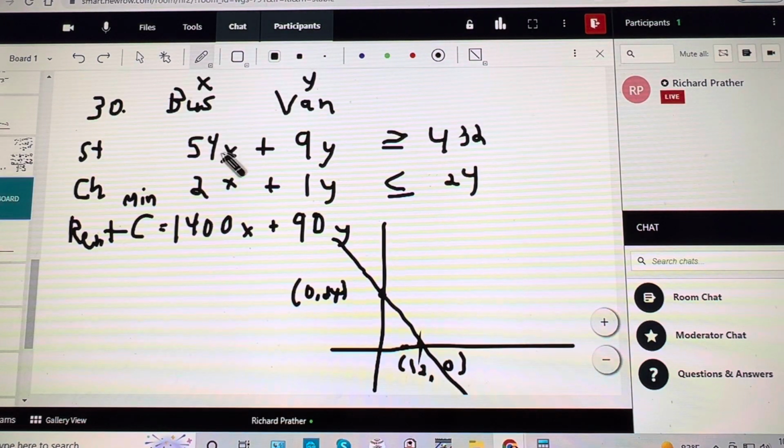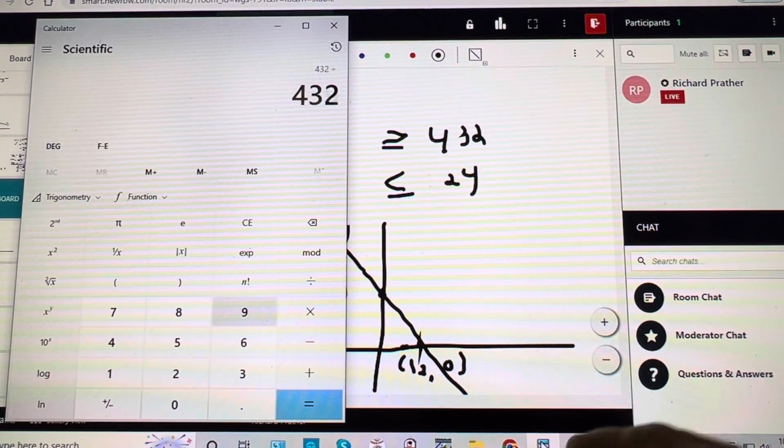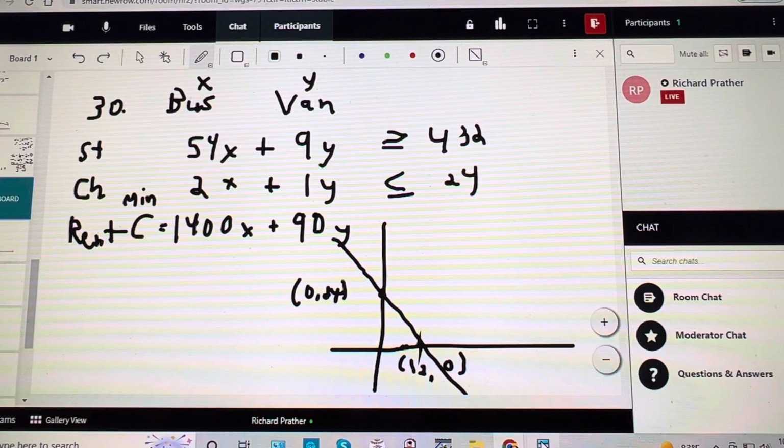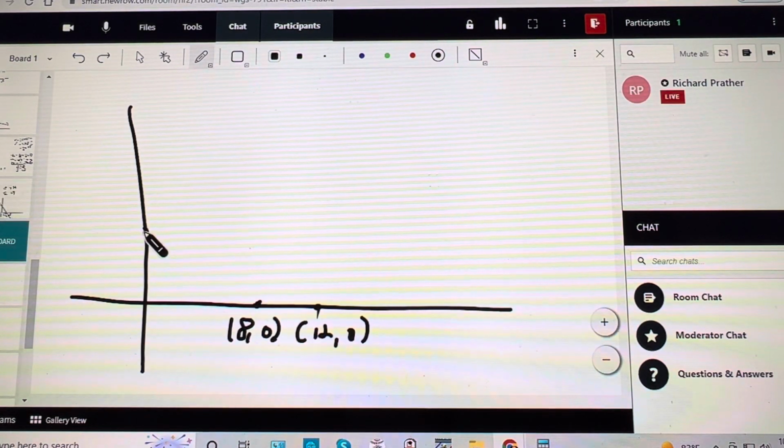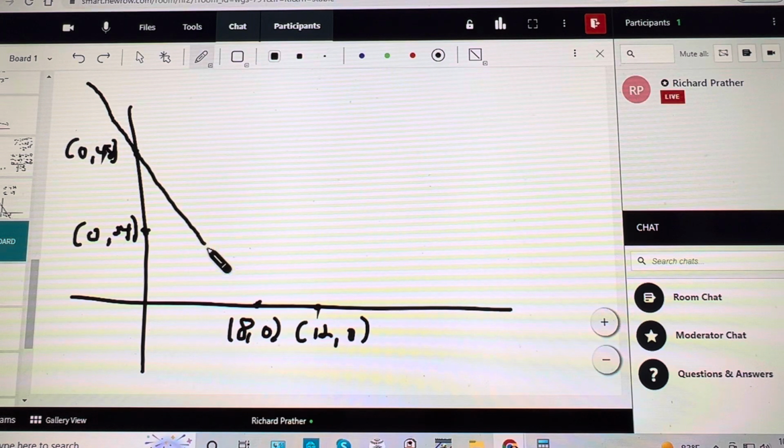Then put 0 in for x, 9y into 432. 432 divided by 9 is 48. So 24 and 48 are my two y-intercepts. We'll call this one 0, 24. And here's 0, 48. The 0, 48 goes through the 8, and the 0, 24 goes through the 12.